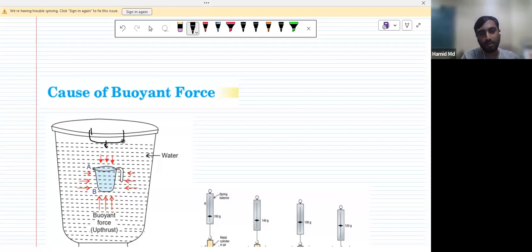But once you somehow tilt it, the water enters into the bucket and then it starts sinking down.